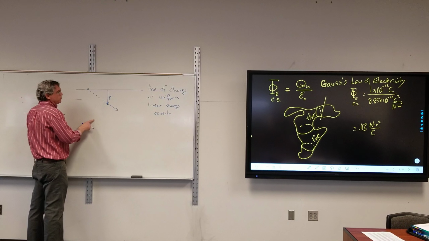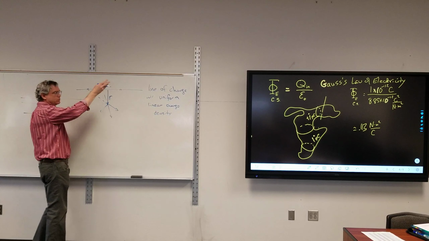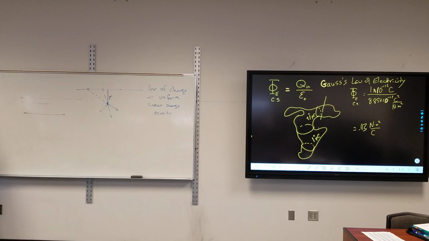So this has an electric field in that direction, this has an electric field in that direction, and so on. We have to somehow add all of these up. If we were doing calculus, we'd just do an infinite sum, in other words an integral, but we now have Gauss's law.